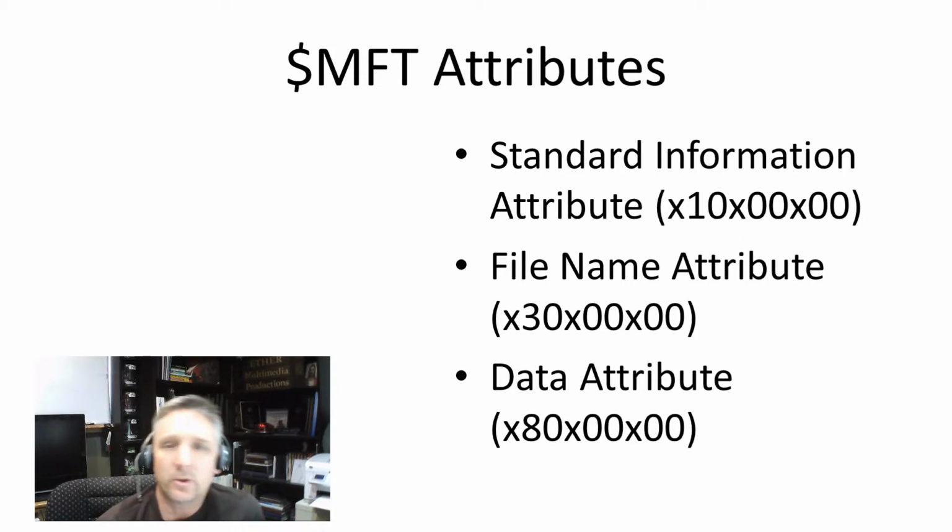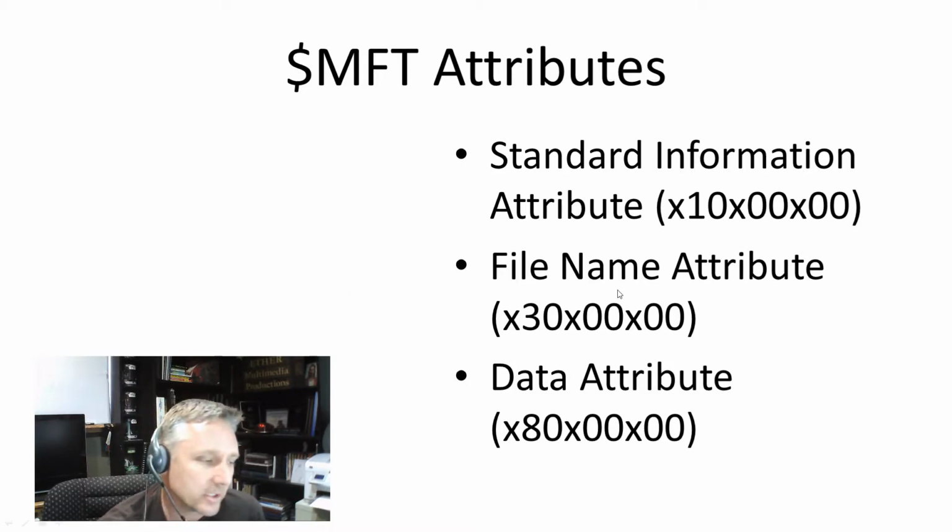Okay, and each one of those attributes has a little hex signature that lets us know which attribute we're looking at. And if you're looking at the PowerPoint here, you can see that the standard information attribute starts with hex 10, the file name attribute starts with hex 30, and the data attribute starts with hex 80.